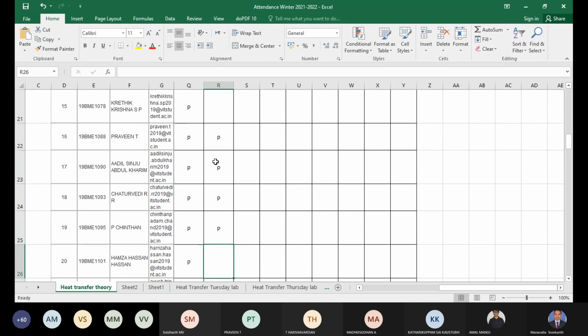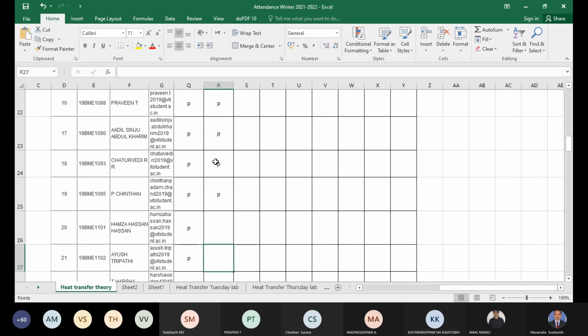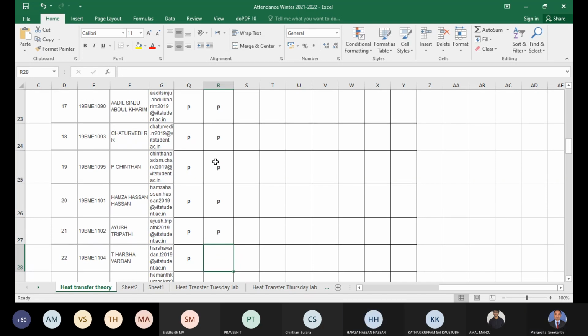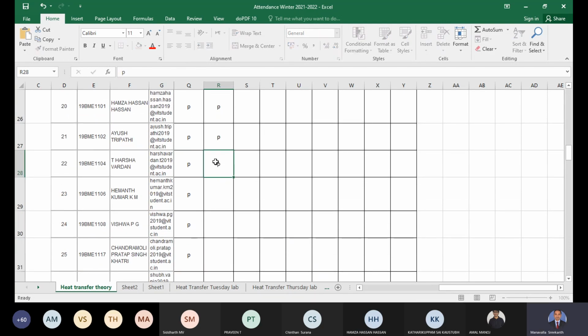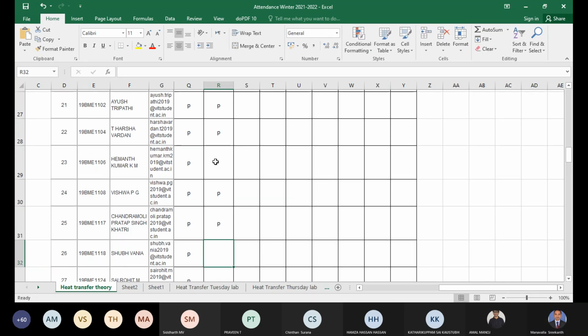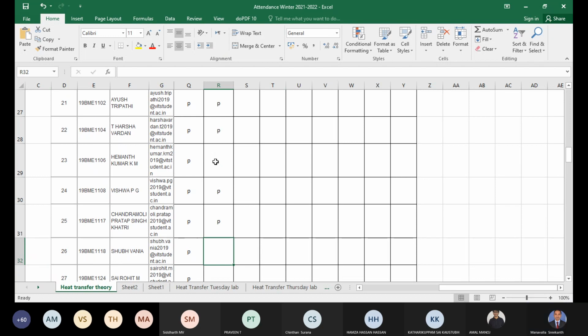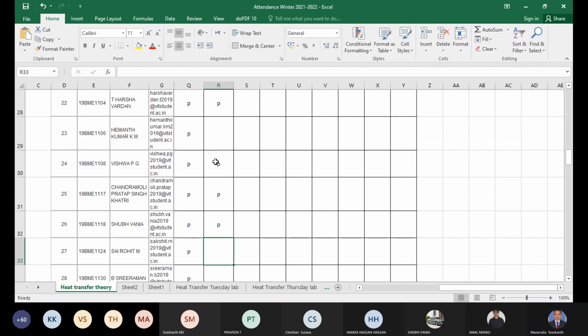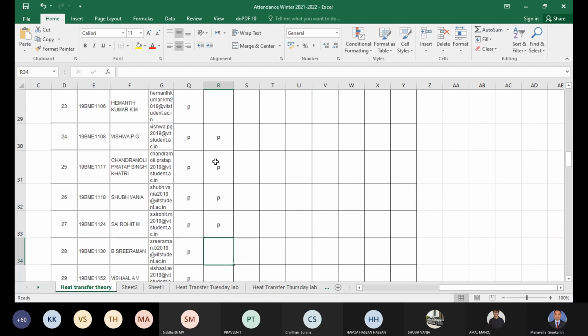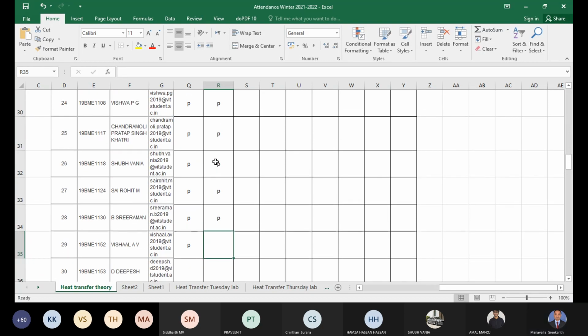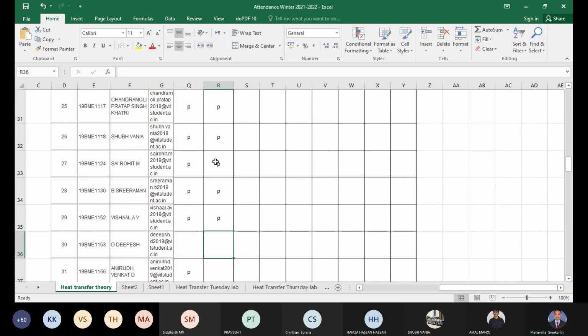Ayush Tripathi, present, sir. Harshavardhan, present, sir. Hemant Kumar, present, sir. Rohit, present, sir. Vishal, present, sir. Deepesh, present, sir.